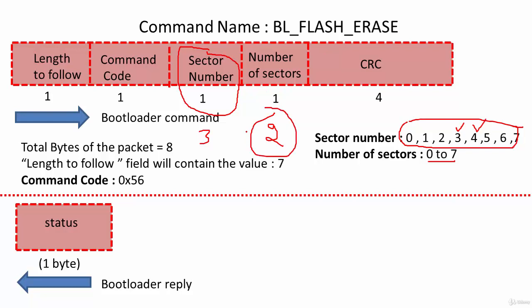So starting from 3, the bootloader erases 2 sectors, 3 and 4. The status will be the status of the flash erase command, whether it is a success or failure, and that status code will be returned to the host.